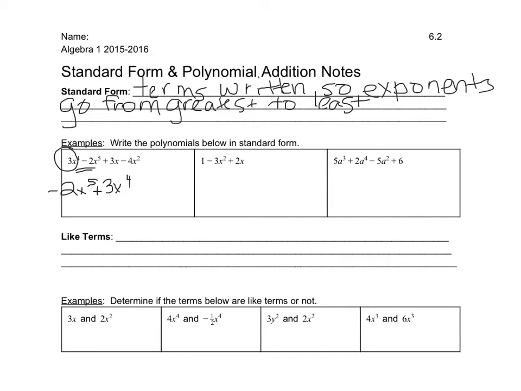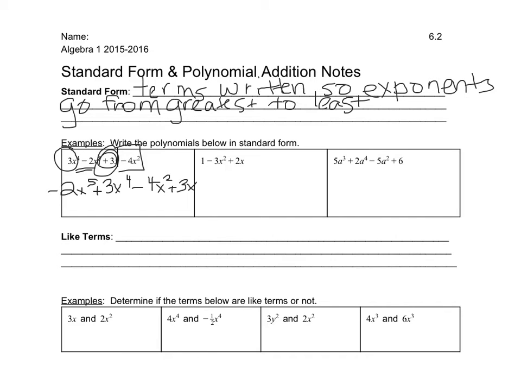We don't have anything that's x to the third. We do have a minus 4x squared, so that comes next. And then last but not least, we have this plus 3x. Notice that you always keep the symbol in front of the number with the term. So this 2x to the fifth included that negative.